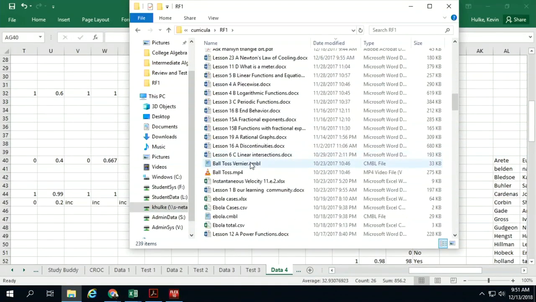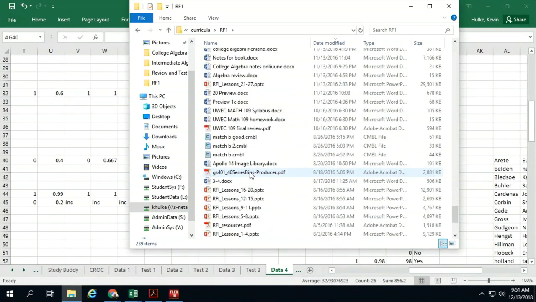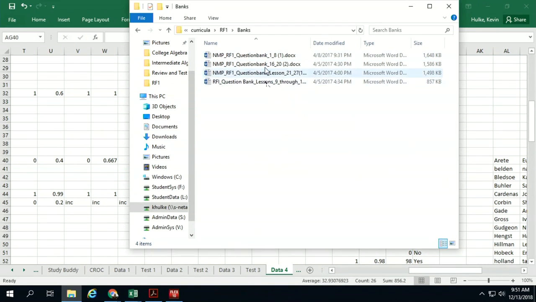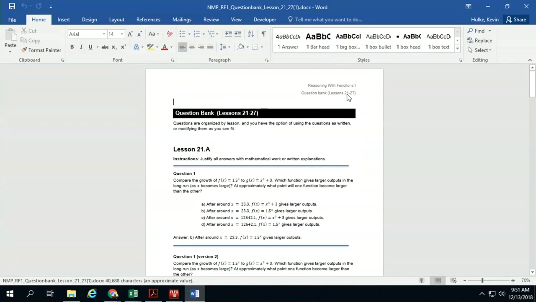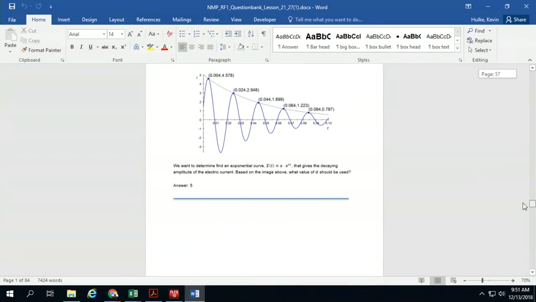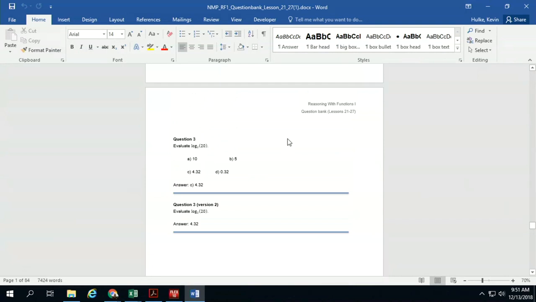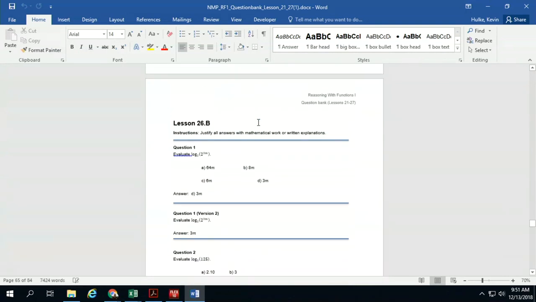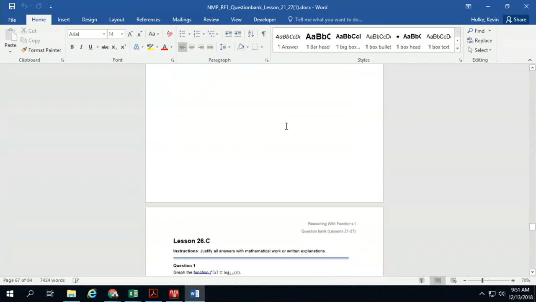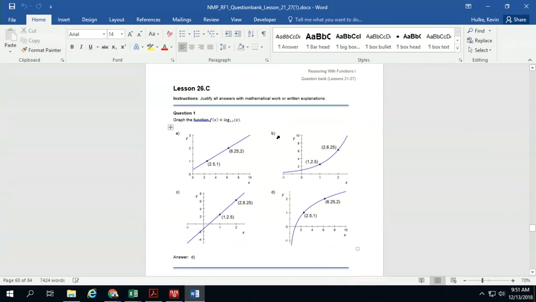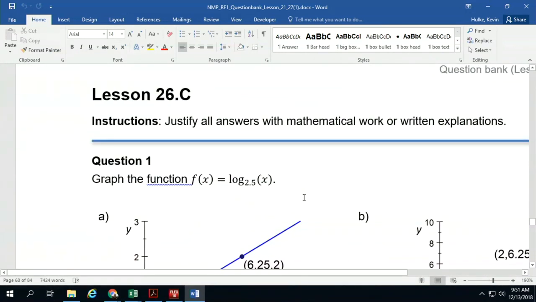Oh, my bad. It should say graph the function y equals log base 2.5 of x.